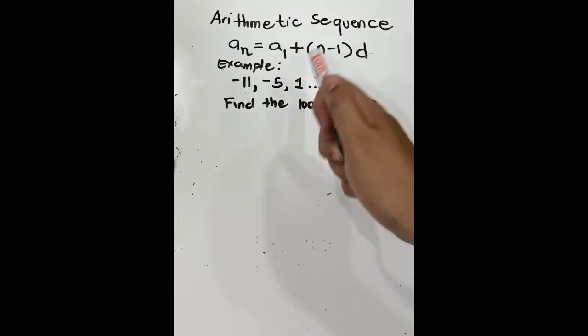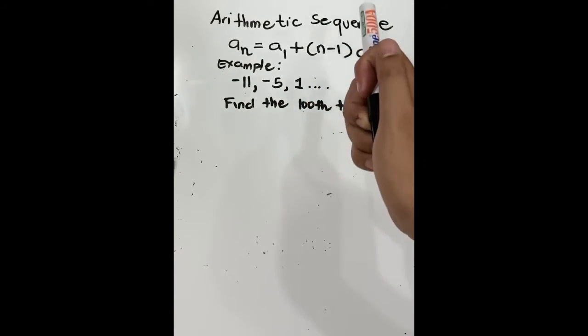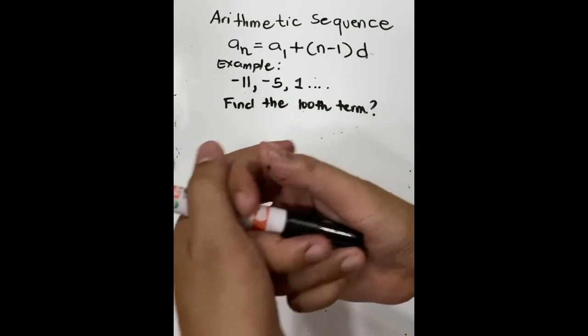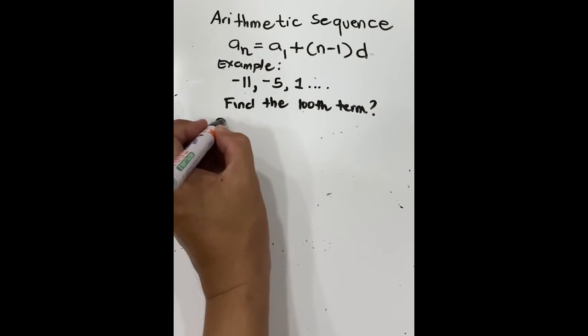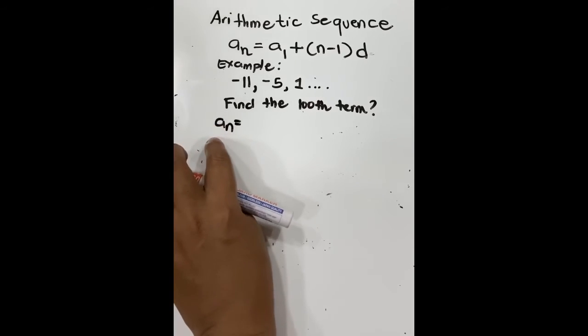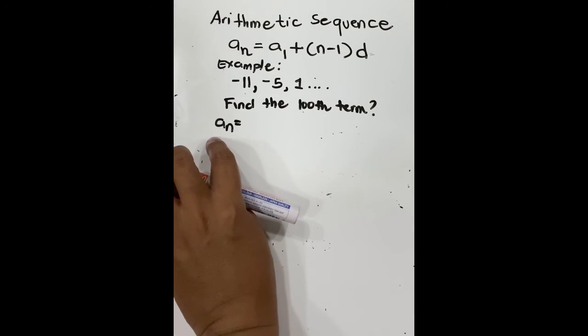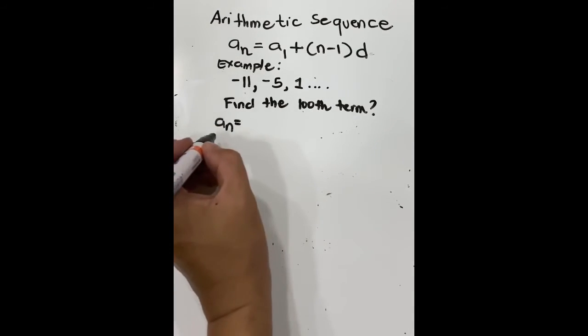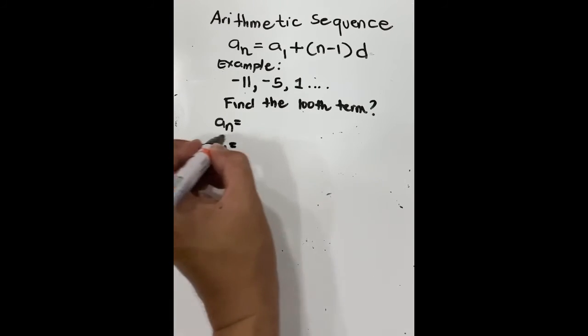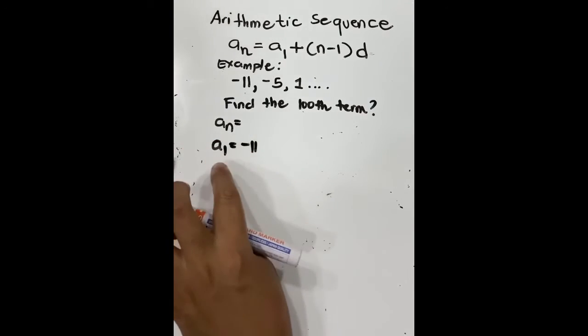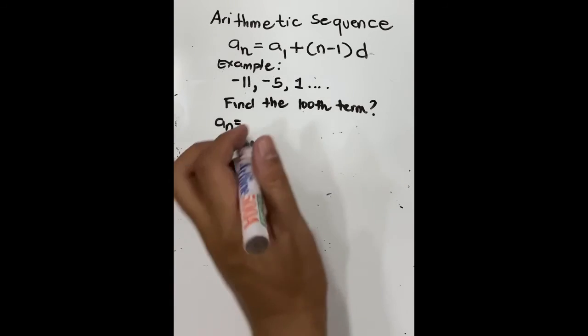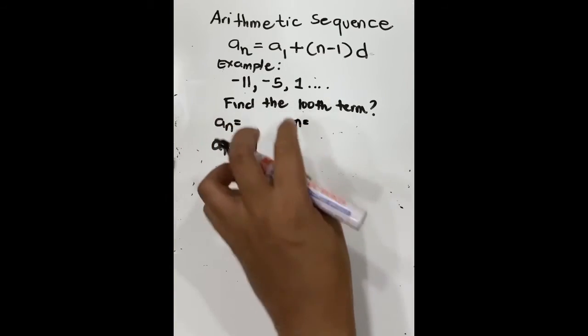And since we will be using this formula, we need to find all the needed information. So a sub n, of course, alam niyo na yun, ito yung hinahanap natin na term o yung pang 100. And then a sub 1, that is our first term, which is negative 11. And then we have n. So ilang terms ba yung meron tayo?